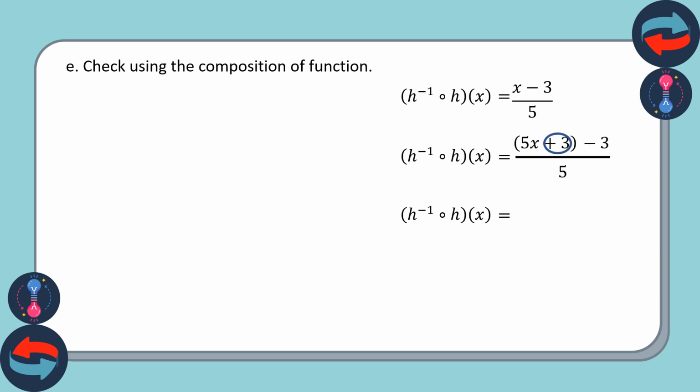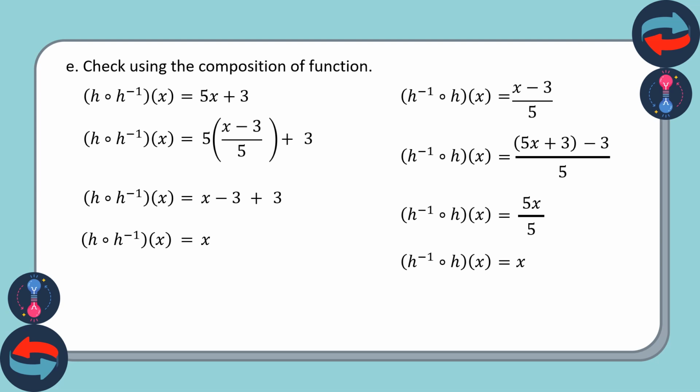We combine positive 3 and negative 3. That is equal to 0. The remaining term in our numerator is 5x. Then copy over 5. 5x divided by 5 is equal to x. The inverse of h circle h of x is equal to x.